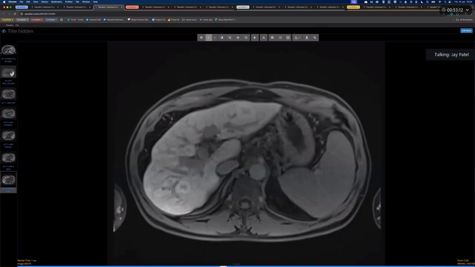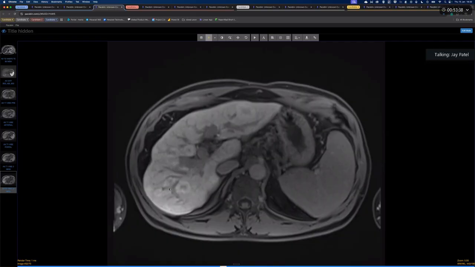So a typical FNH would show a scar, typically hyperintense on the T2 weighted image, and a delayed post-contrast enhancement with extracellular contrast. With Primavist, something completely different.